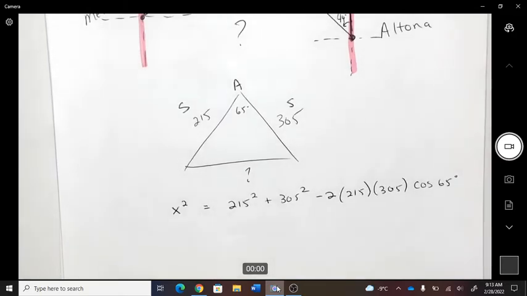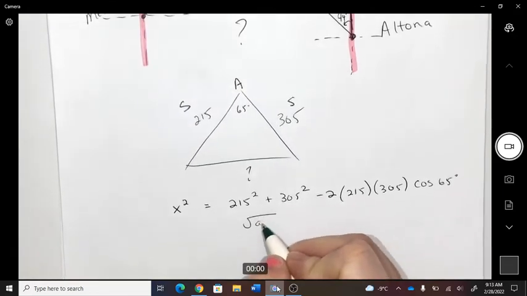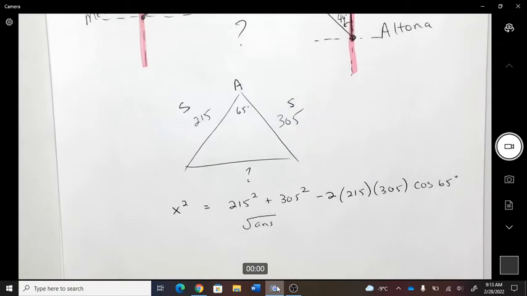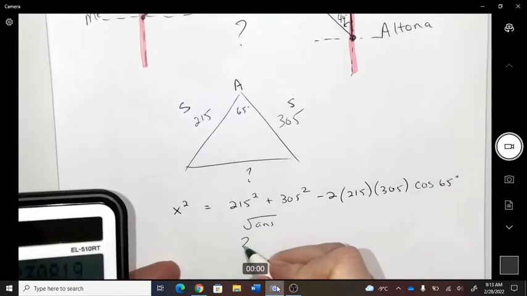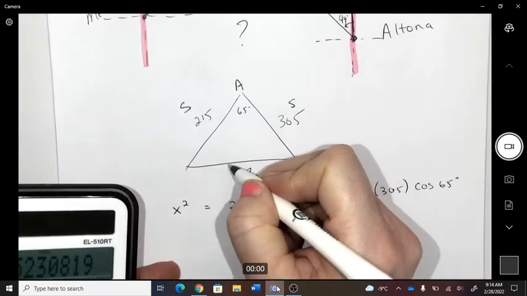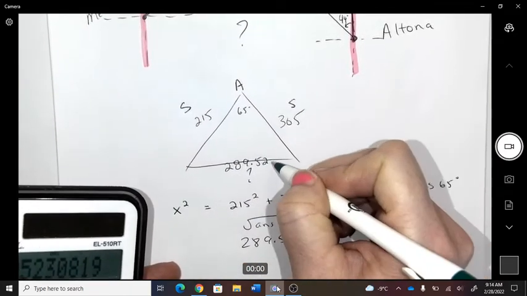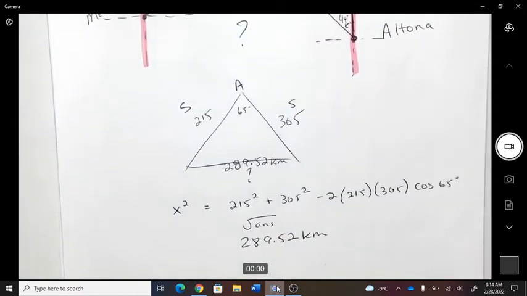Okay, I'm going to work that through and we're going to square root it. Okay, we like that number? Somebody's agreeing with it?